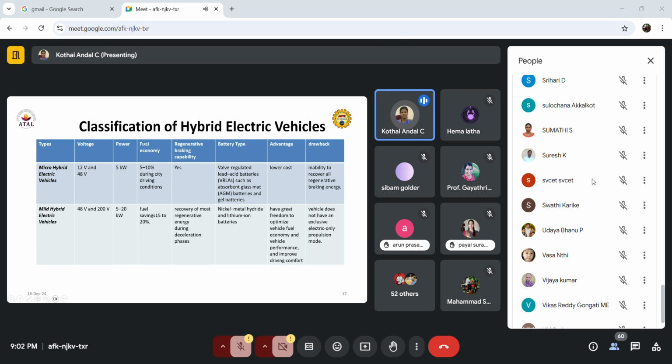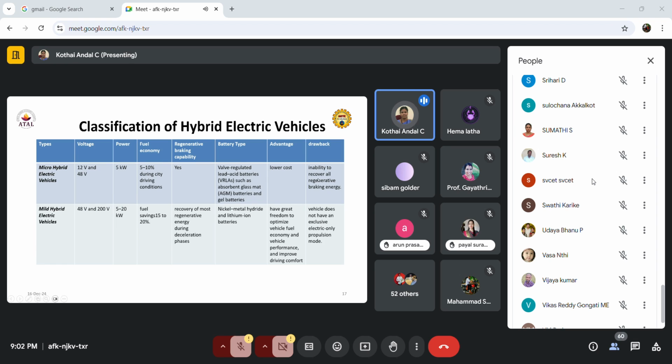For fuel economy, this vehicle is very optimal for city driving, like mini autos and the electric autos we see. They come under this category. Regenerative braking is possible here, but to a lesser extent. The battery types used for micro hybrid electric vehicles are lead acid and gel batteries. The cost is low.